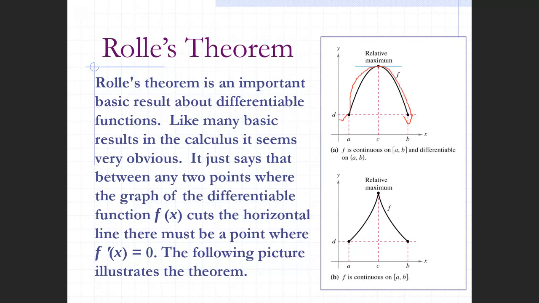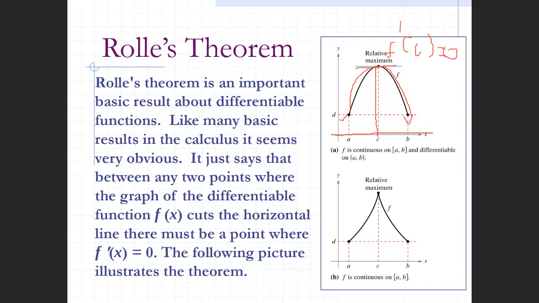In this smooth curve there is at least one point, and it can be more than one, where, when I draw the tangent line at point C, you can see the tangent line is parallel to the x-axis. So at that point the derivative of the function, f dash of C, is equal to 0.